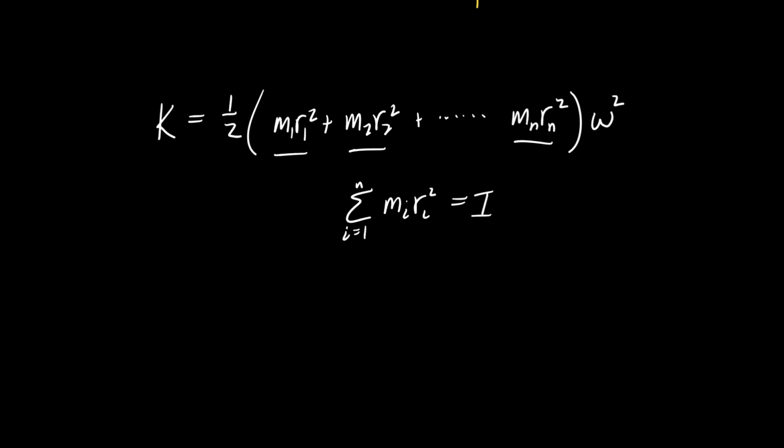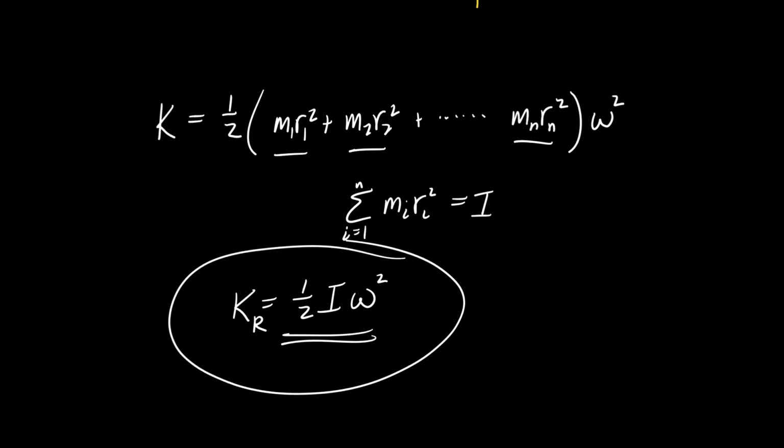What it means is every piece of the potato has kinetic energy, but we can think of the potato as one object with one moment of inertia, and its kinetic energy isn't based on the individual pieces, but by the whole shape of the whole object. This is rotational kinetic energy. All right, folks.